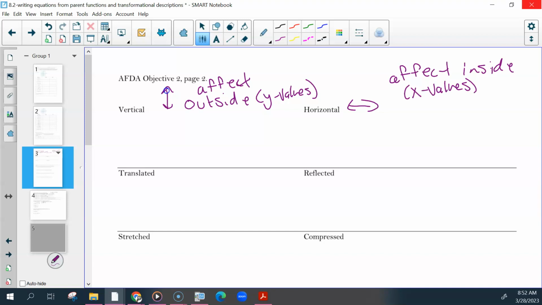Of the different types of transformations, we're going to list out each one and what they were. So for vertical, we had a vertical shift. We had a vertical reflection, which is when it flips up. So I could put all of this in these. Vertical shift when it moves up and down.